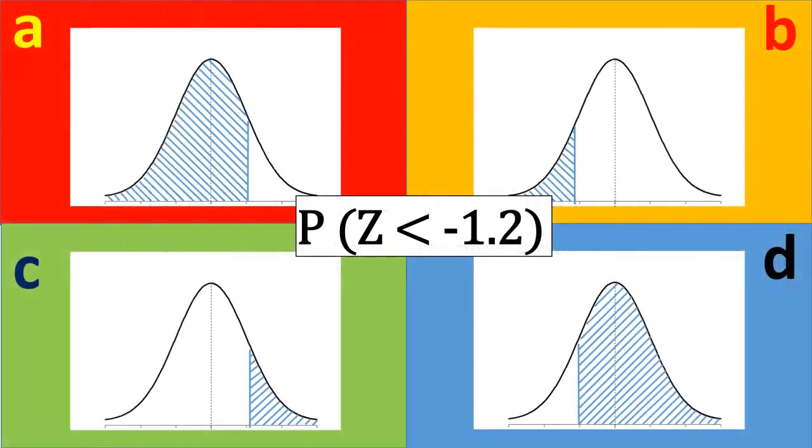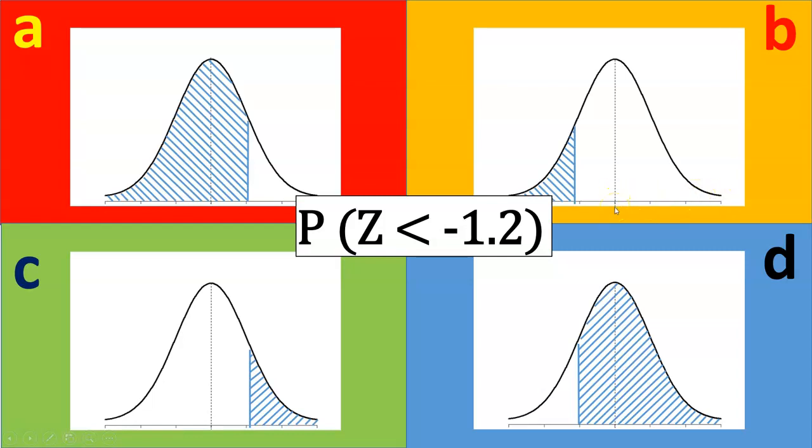So I'm going to do a quick quiz with you. Each time I'm going to give you a probability. So this is the probability that Z is less than negative 1.2. You've got to decide which diagram best represents that. Don't worry about the little notches at the bottom.